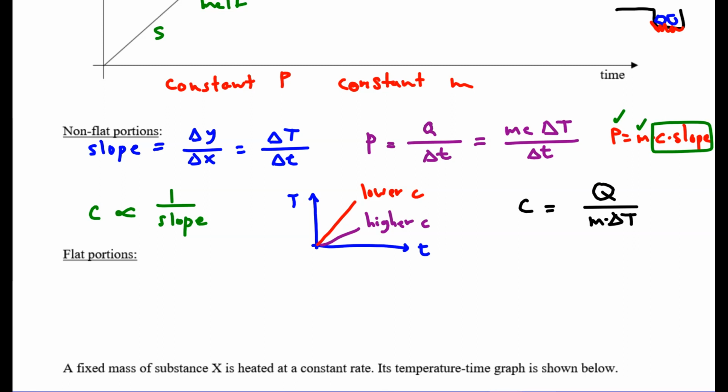Look at the red graph. See how quickly it jumps up when you add heat? That means that the temperature raises 1 degree for the same mass with a very small amount of heat, so it has a lower specific heat. Purple requires more time, and thus it takes more heat to raise the same mass by the same change in temperature. That gives it a higher value of C.